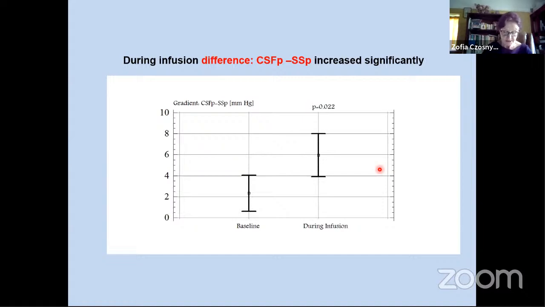During infusion, the difference increases significantly as a result of the greater rise of ICP. It implies that resistance to CSF outflow is observed in IIH, even though sagittal sinus pressure does not remain constant. However, correct assessment of Rout is not possible without monitoring of sagittal sinus pressure, and the normal formula needs a modification.